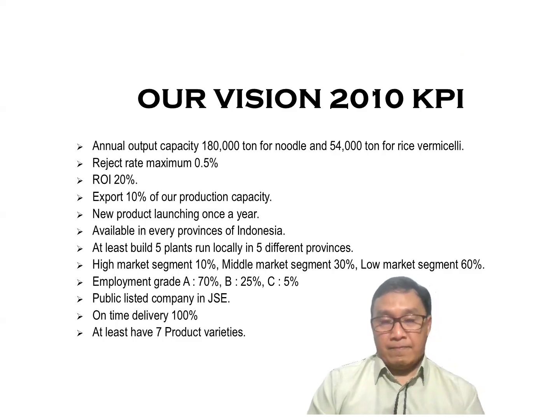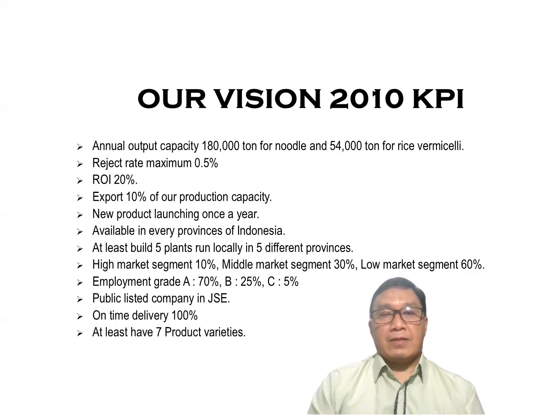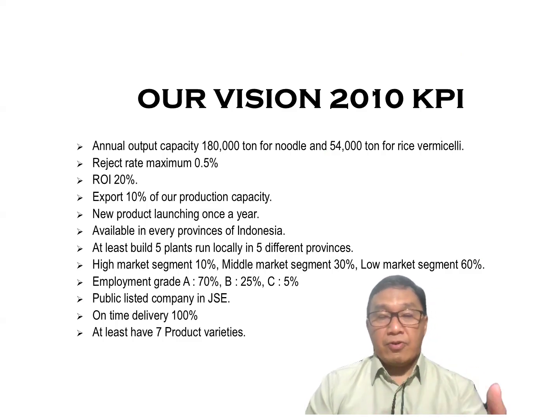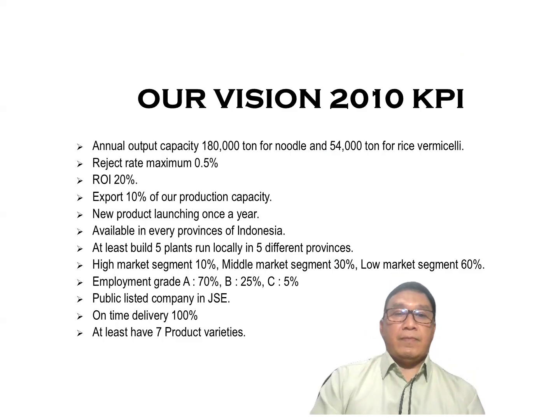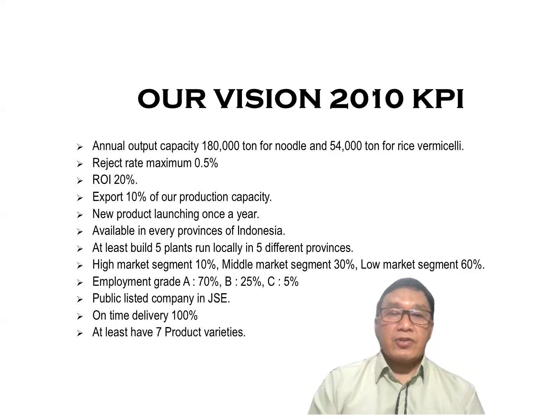How can they be a national leader if they only have a small production capacity? So 180,000 is the KPI to support the keyword national leader. Reject rate also maybe for the national leader.